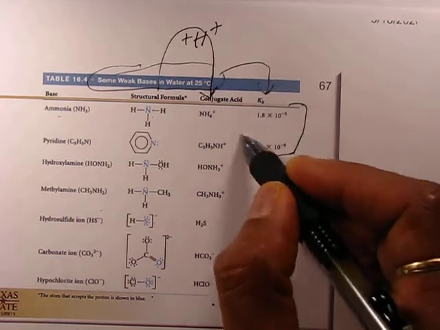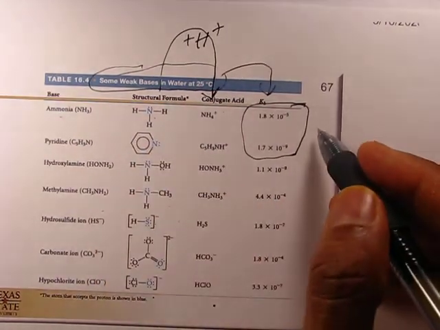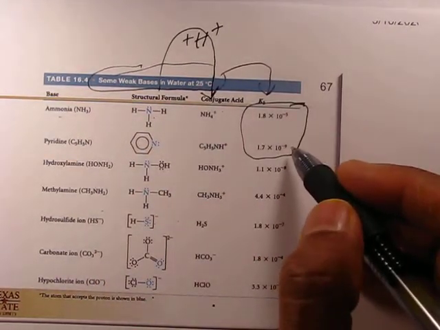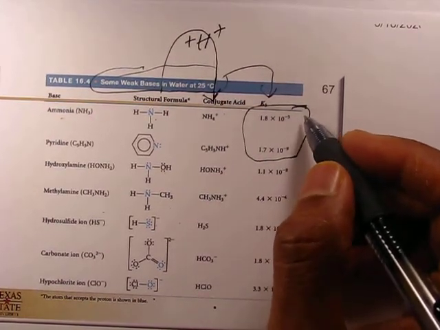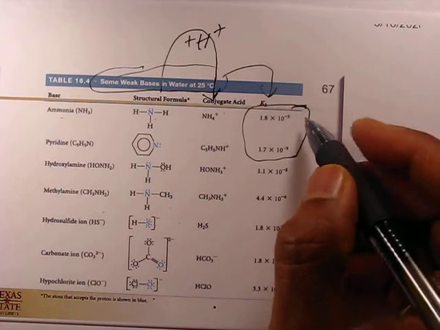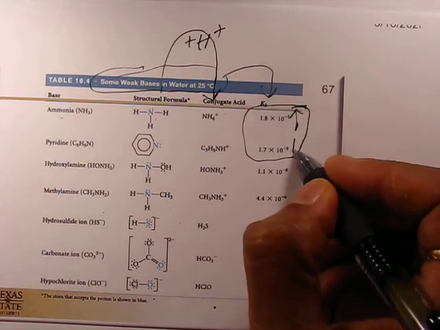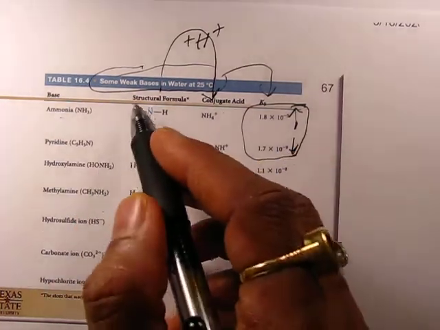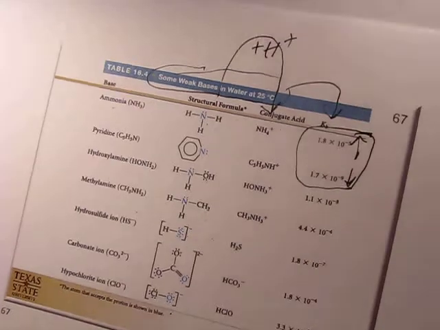and if we have to compare two, suppose we have to find out which base is strong and which base is less strong, we have to compare the Kb values. So the Kb value of 1.8 times 10⁻⁵ is more than that of pyridine. So pyridine is weaker than ammonia in terms of base strength.